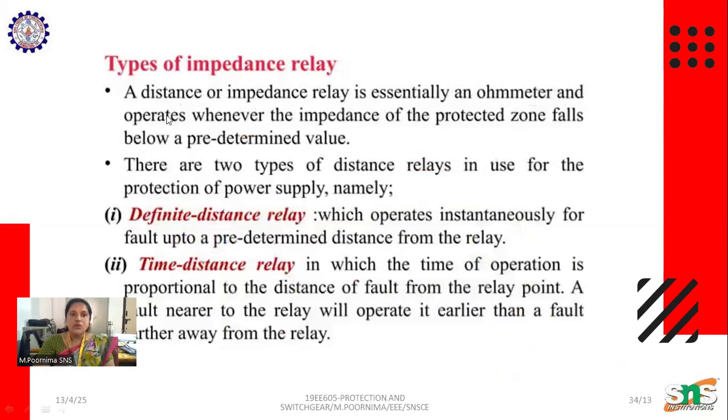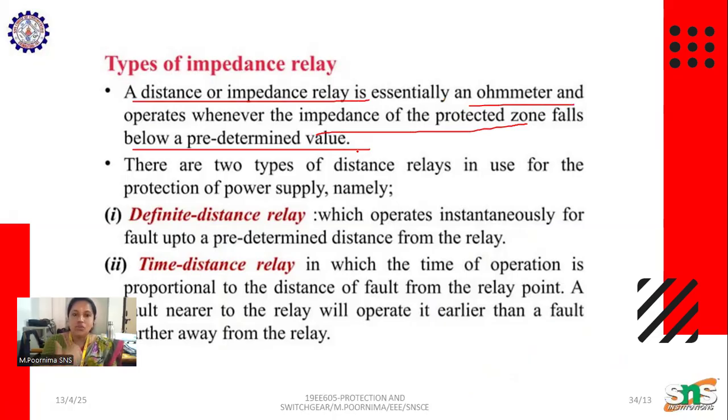Okay, fine. Now here comes the types of impedance relay. The distance or impedance relay is essentially an ohmmeter and operates whenever the impedance of the protection zone falls below a predetermined value. There are 2 types of distance relay used for protection of power systems, namely definite distance and time distance. Definite distance operates instantaneously for faults up to the predetermined distance from the relay.